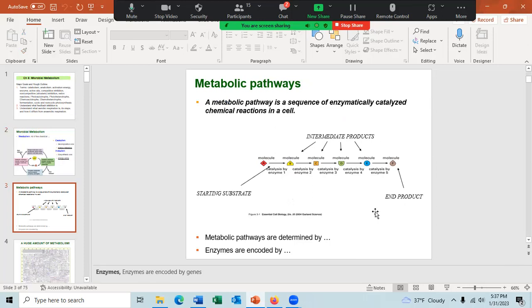When we're talking about metabolism, we can link different metabolic reactions together to get a metabolic pathway. Let me blow this up a little to make it easier to see.